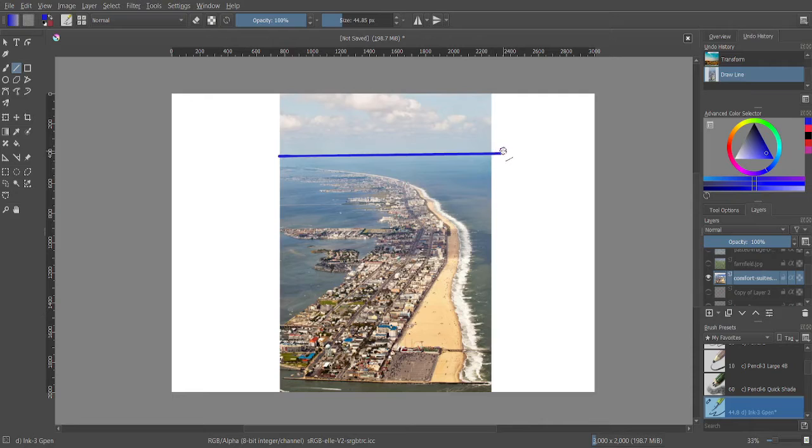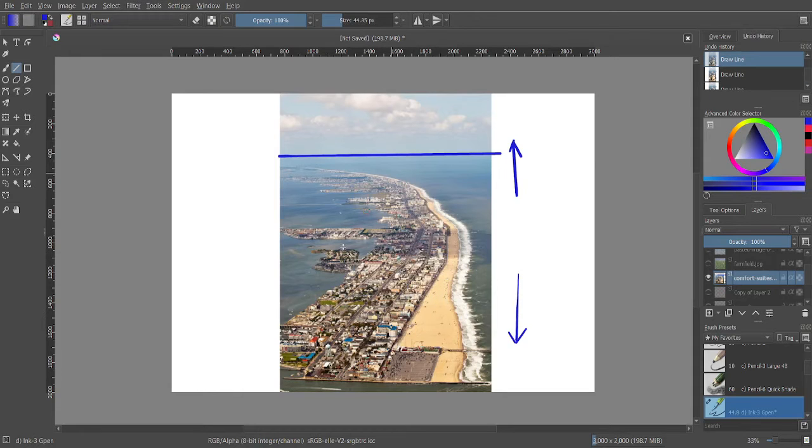And another important thing to know about the horizon line is it can actually change the view or the angle of where you're looking, depending on how high or how low your horizon line is. So, for example, if the horizon line is up here, it means that we're looking down, like an aerial view or an aerial shot, like this picture right here.